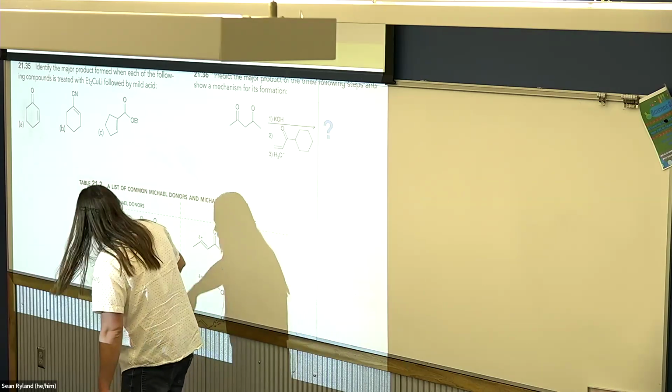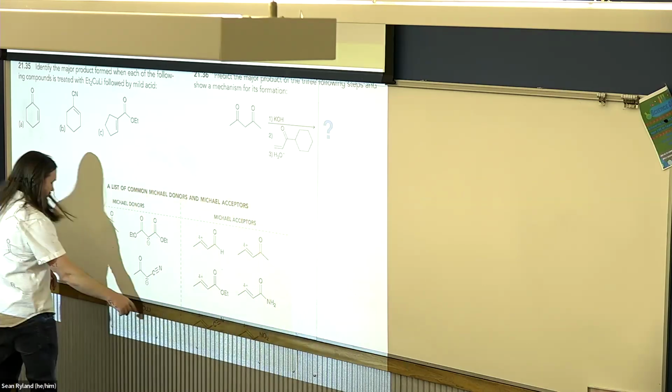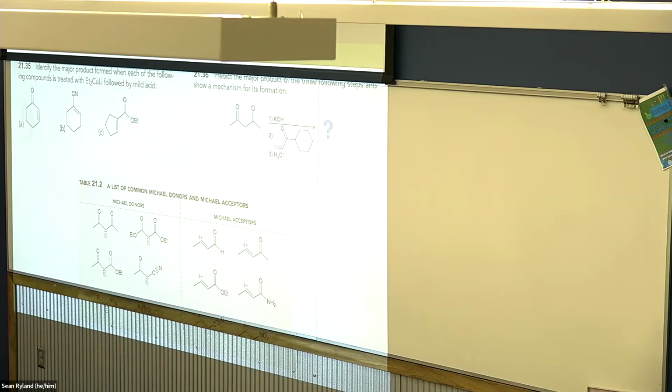I guess Gilman reagents are also considered Michael donors, because the Michael reaction is going to preferentially give you that 1,4 addition. So we're going to break a pi bond, but add our nucleophile on the beta carbon relative to the carbonyl.